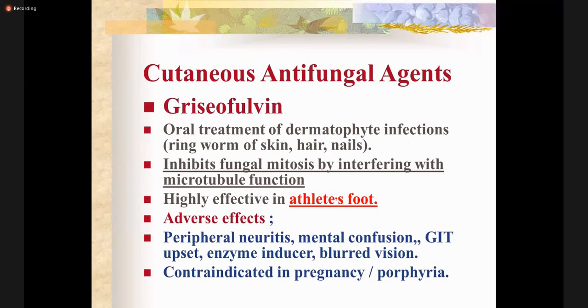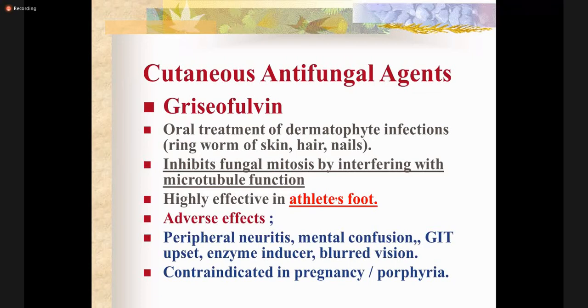If you can recall, drugs like paclitaxel or vincristine basically affect microtubules. So this belongs to one of these classes. Griseofulvin is very effective in athlete's foot. Athlete's foot is a clinical condition. Athletes face this problem, the infection of fungus in the foot. So this is a good drug of choice for this.